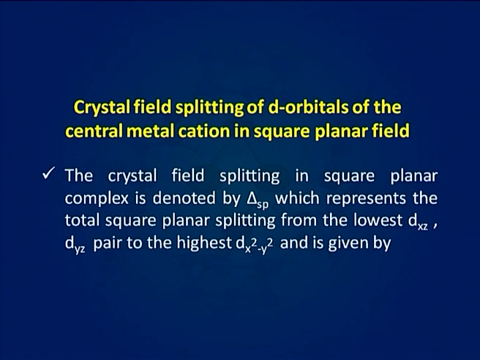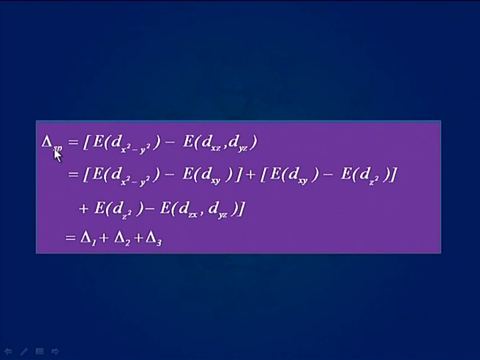This delta SP represents the total square planar splitting from the lowest dxz and dyz pair to the highest dx square minus y square and is given by delta SP equal to energy of dx square minus y square minus energy of dxz and dyz.